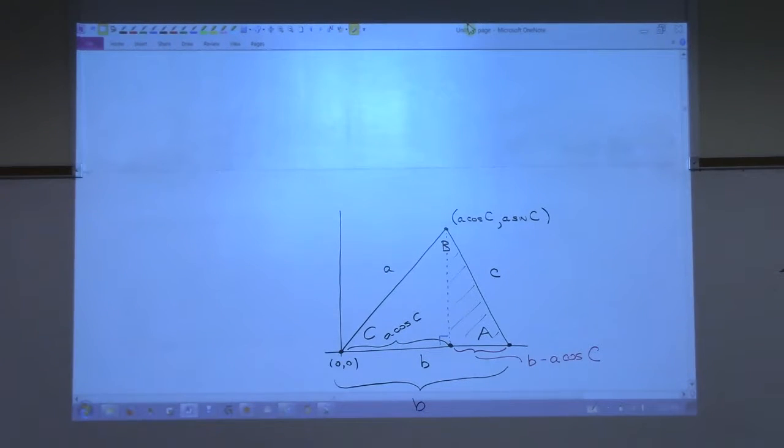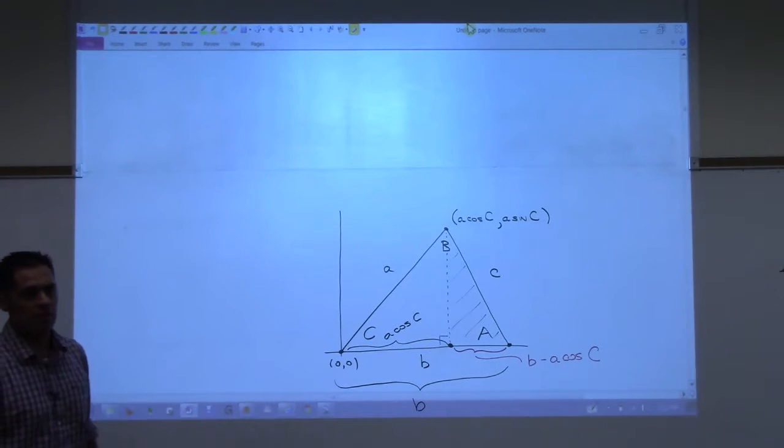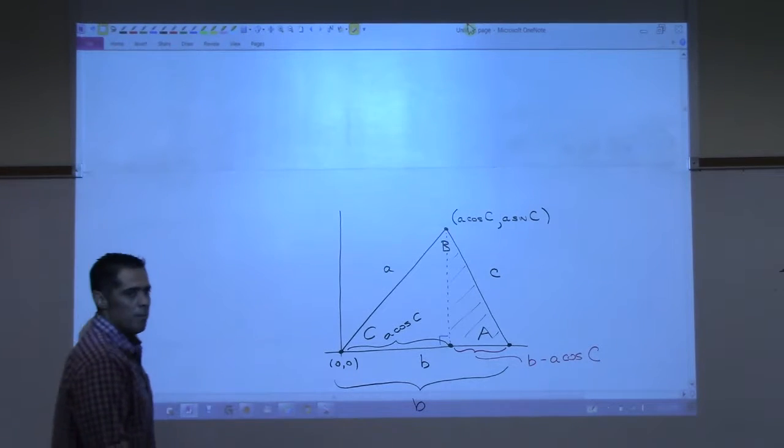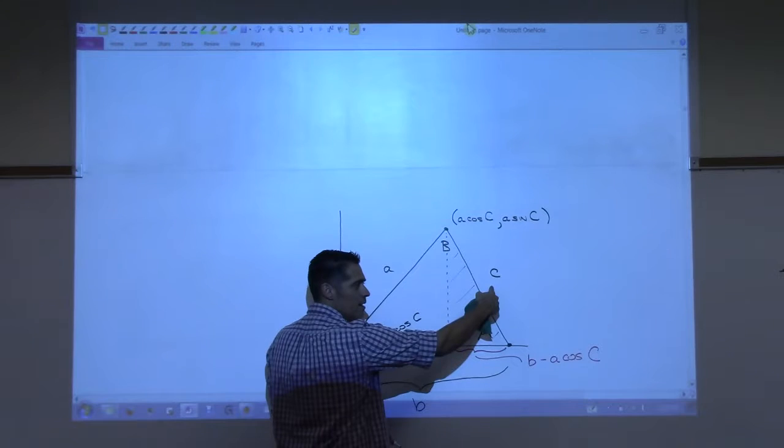Okay? Just that right triangle right there. Give me the Pythagorean equation or Pythagorean identity for that. What I mean is, give me a squared plus b squared equals c squared for that right triangle. So that would be this side squared plus this side squared is this side squared, right?